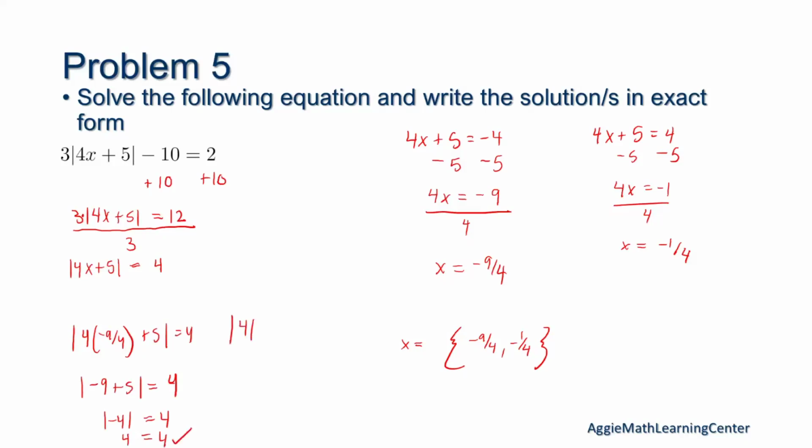And if we have 4 times -1/4 plus 5 equals 4, then 4 times -1 gives us -4 divided by 4 gives us a -1 plus 5 equals 4, and that gives us 4. Absolute value of 4 equals 4. And if we use our absolute value operator on 4, that gives us 4 equals 4. So that is also true.